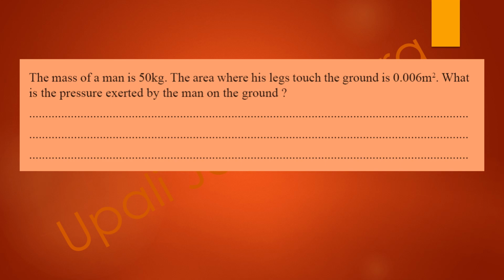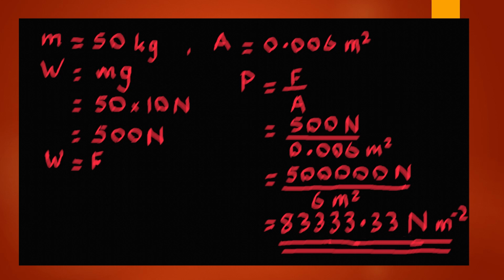Next problem. The mass of a man is 50 kilograms. The area where his legs touch the ground is 0.006 square meters. What is the pressure exerted by the man on the ground? Mass of the man is given, contact area is given. When mass is 50 kg, area is 0.006 square meters.